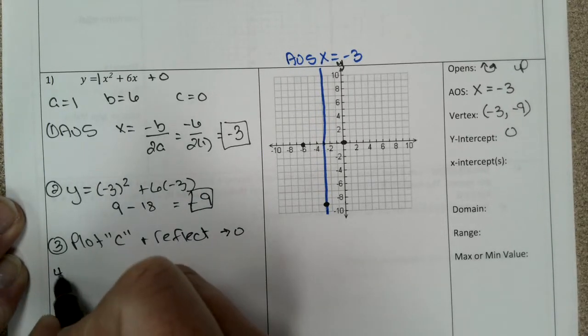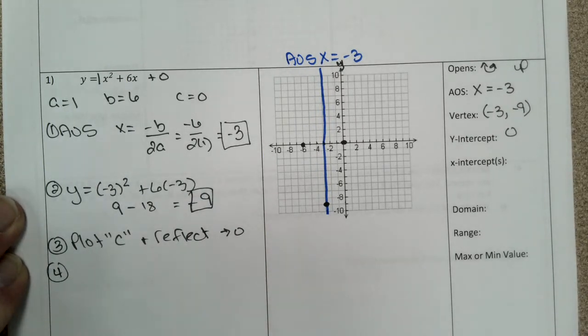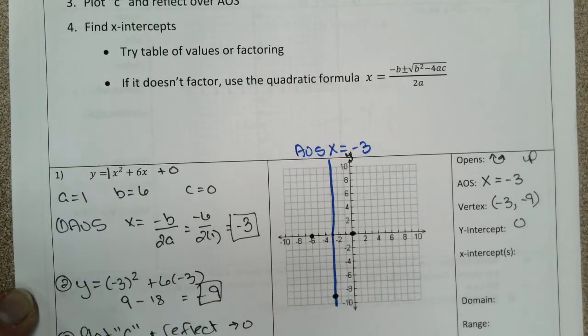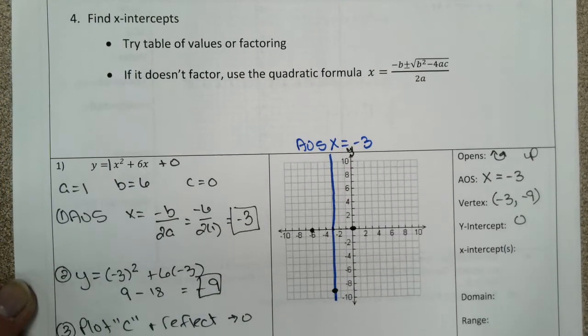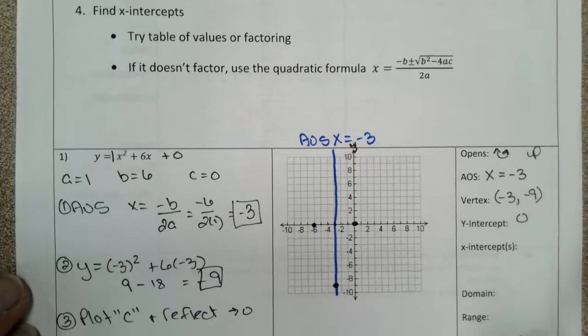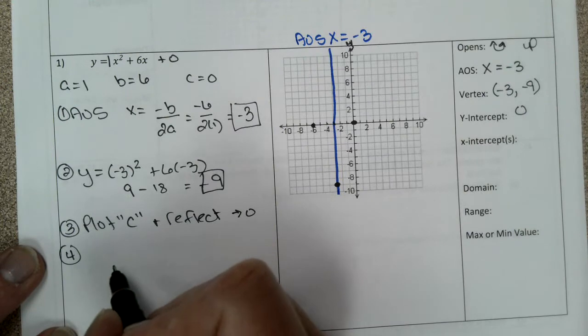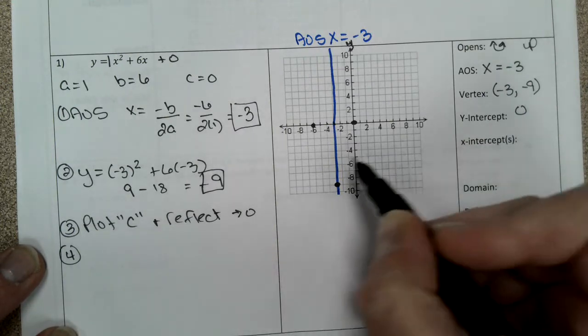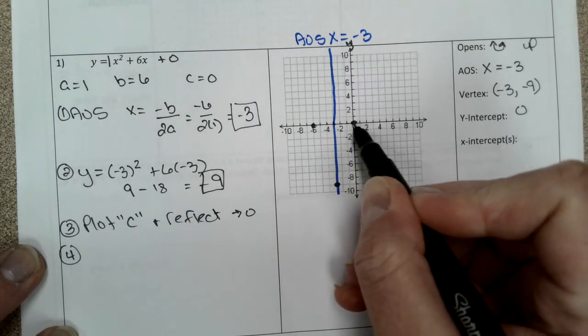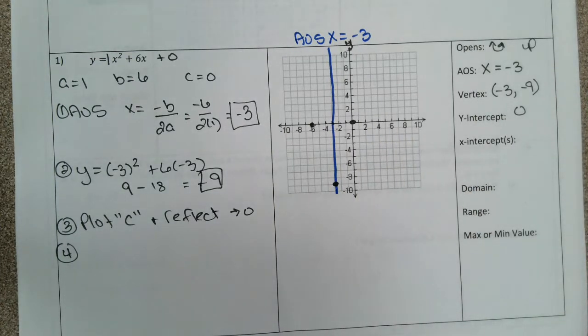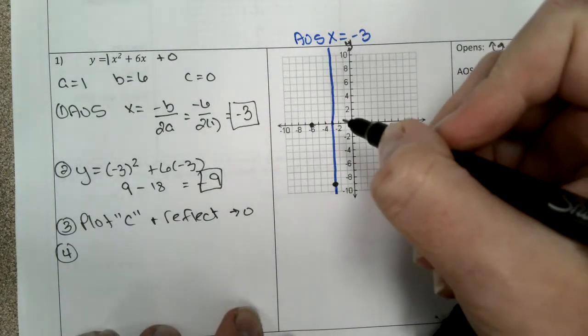Step number 4, find your x-intercepts by using either factoring, or if it doesn't factor, the quadratic formula, or try making a table of values. This one worked out pretty nicely because when we plotted C and reflected it, that also gave us our x-intercepts.